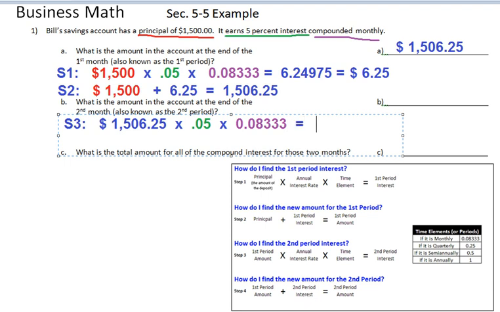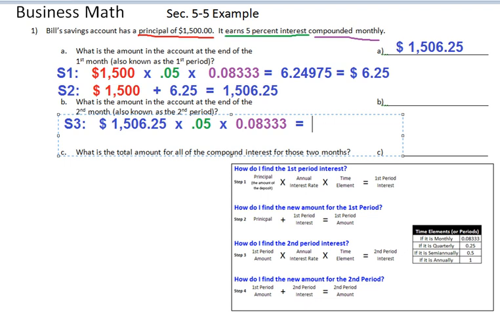Now, if you look closely at step 3, it looks very similar to step number 1. The difference is the red number is not being used in step 3. Instead, we're using the answer from letter A.